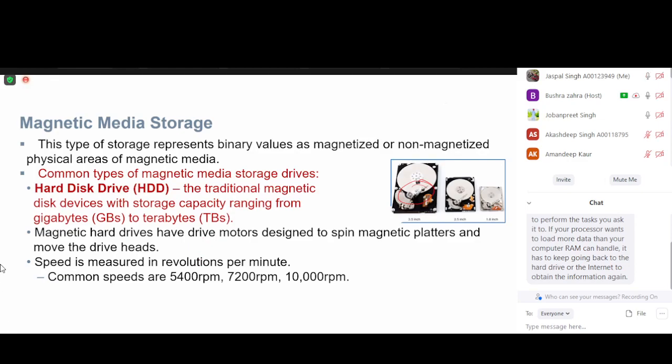Common type of magnetic media storage device is the traditional one. Sometimes we call this traditional. This is the first kind of hard drive we have, magnetic kind, right? It stores data in gigabytes or terabytes. And external hard drives also can be HDD kind or SSD kind.